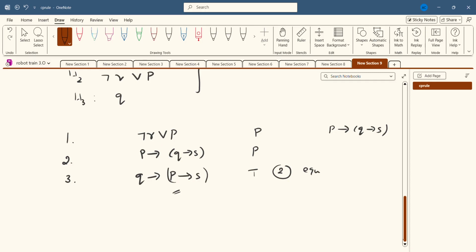Do you remember, P conditional Q is logically equivalent to negation P union Q. The same thing here, I am going to apply negation P union, Q conditional S, isn't it? So negation P union, and once again I apply the same, negation Q union S.